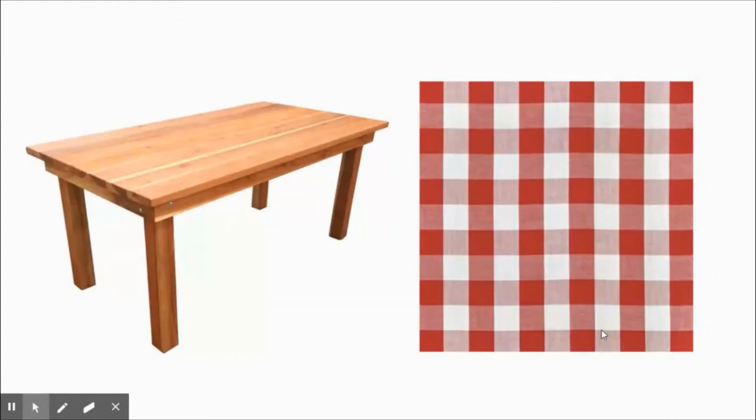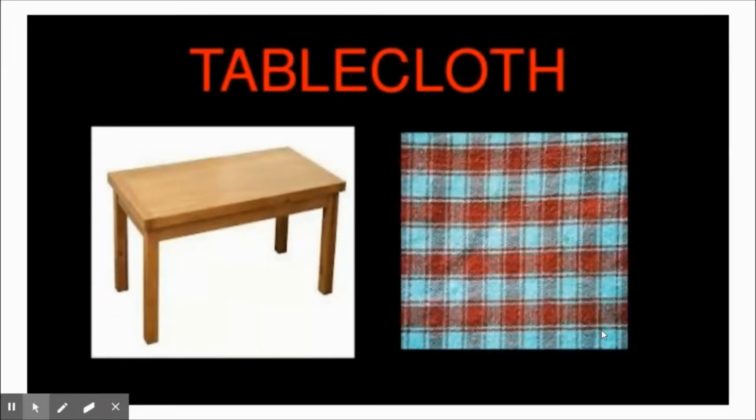So if I put these two words together, what do I get? You are very, very right. You will get a tablecloth. So we get one of those things that we put on top of the table so that they look pretty. Tablecloth. Very good. Excellent. Now, remember to go practice the pronunciation as we come up with the new words, okay?